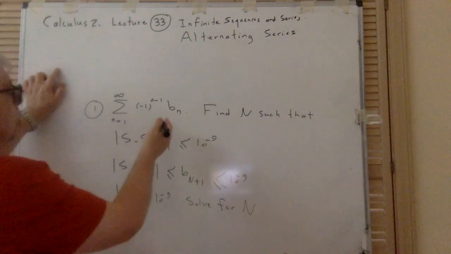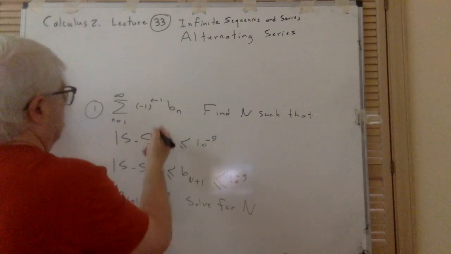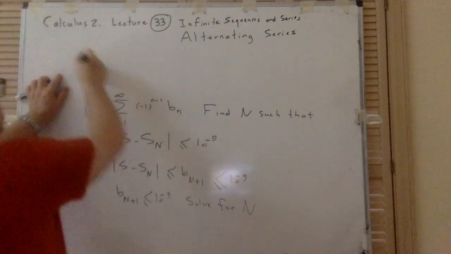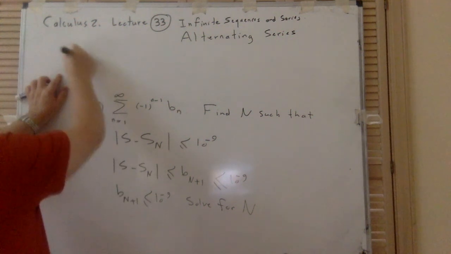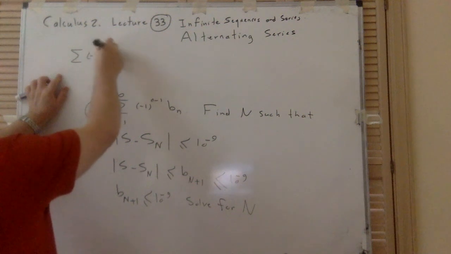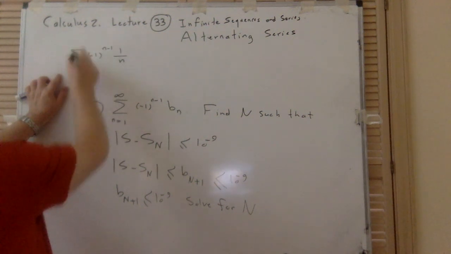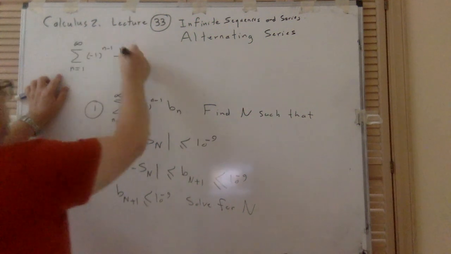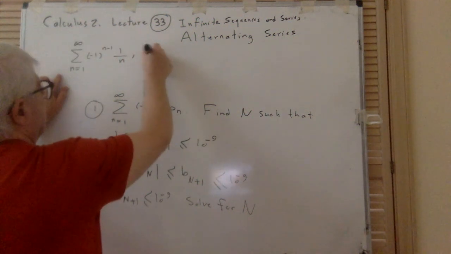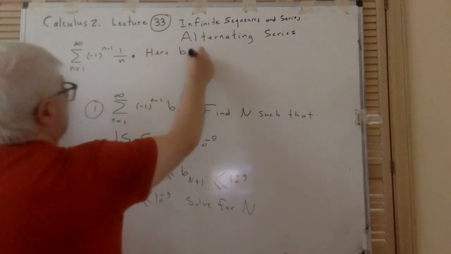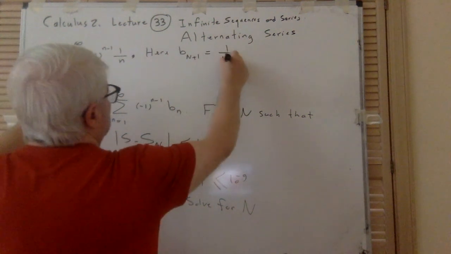Oh, yeah, I'm using it for, let's say, let's apply it to (-1)^(n-1) times 1 over n. Sorry, so I just let go of b. So here, b n plus 1 is simply 1 over n plus 1.